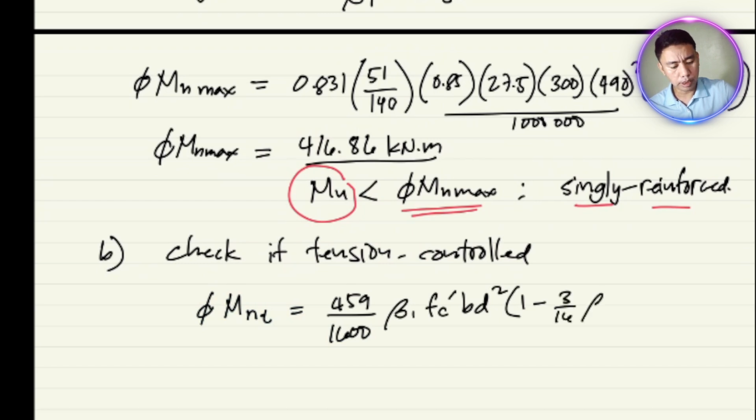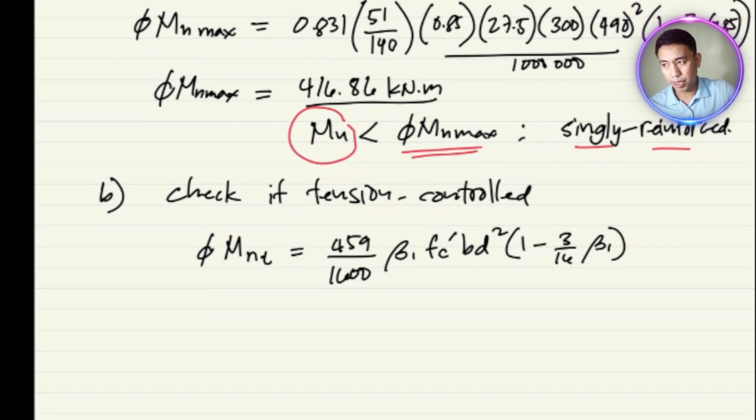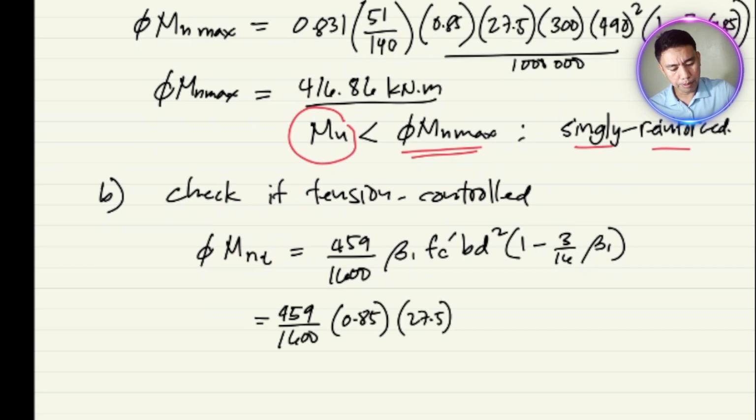So 3/16 beta 1. So we have the value for beta 1. So we can put the values 459 over 1,600. Beta 1 is 0.85. And Fc prime is 27.5.